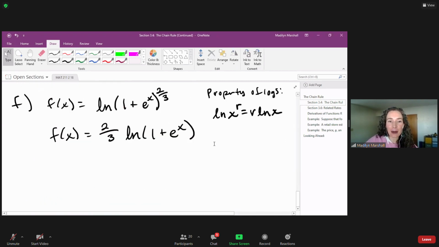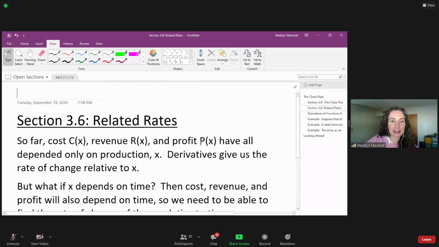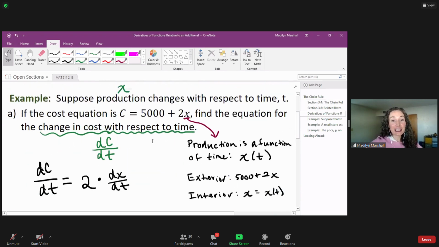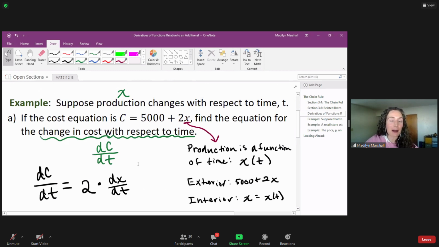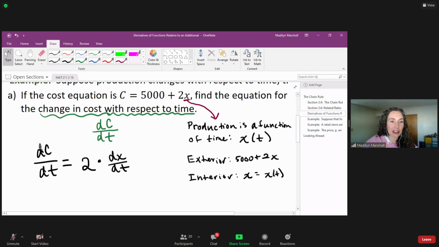So the important part of related rates in this kind of problem is that if we're trying to find the change in cost with respect to time, we're doing the derivative just like we normally do. So we're doing the derivative of 5,000 plus 2x, but then we have to recognize that x is also its own function of time. So then we're just multiplying by a dx dt.